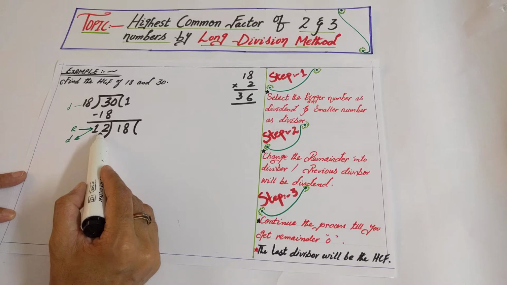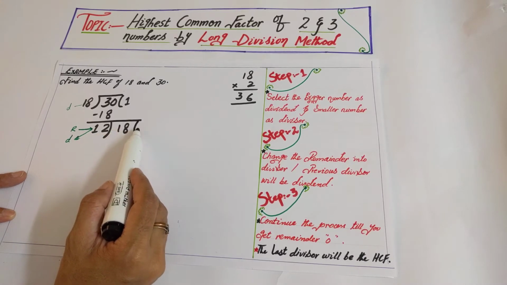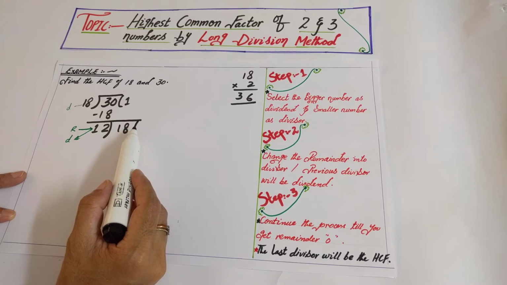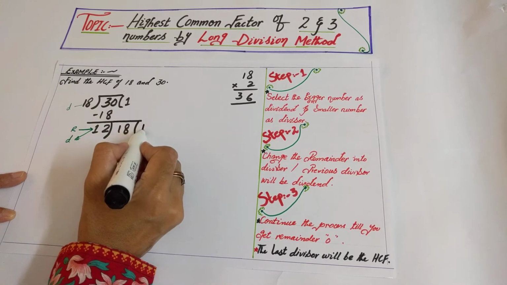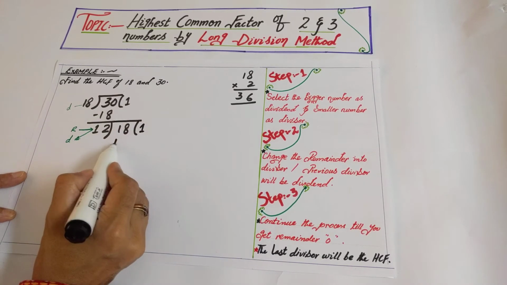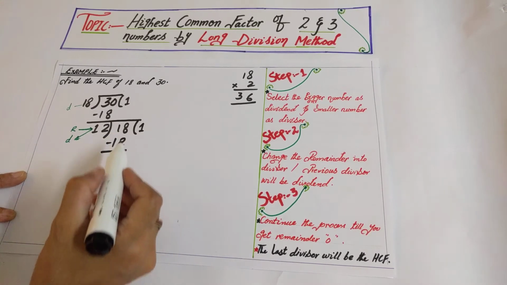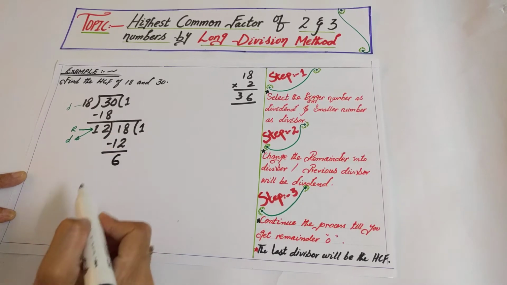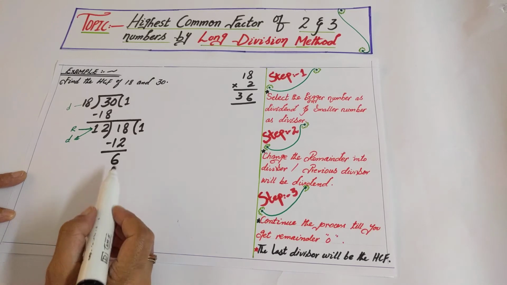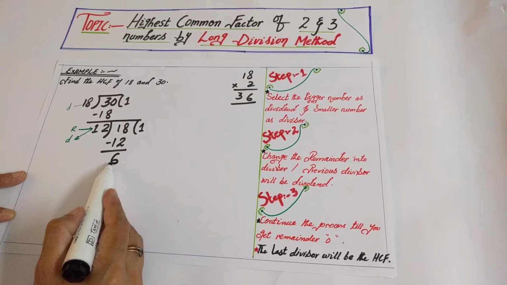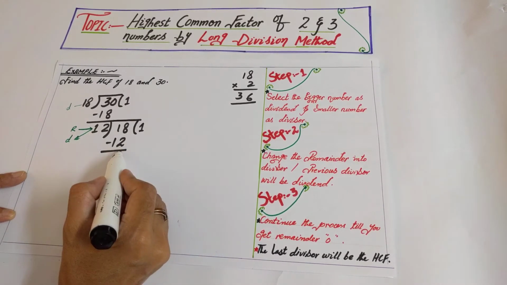12 ones are 12, 12 twos are 24. 24 is greater, so 12 ones are 12. So 8 minus 2 is equal to 6. Again we will repeat the same step. 6 is the remainder.